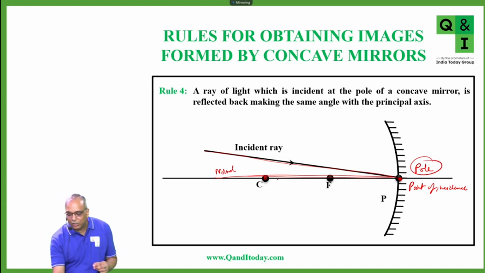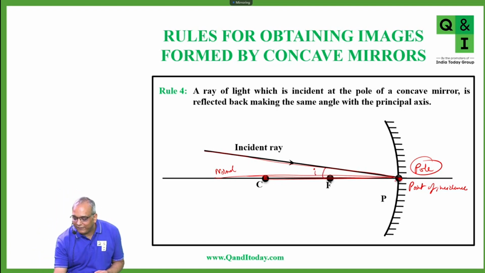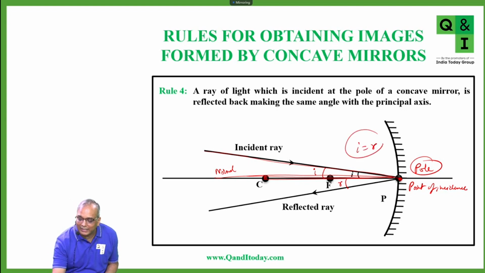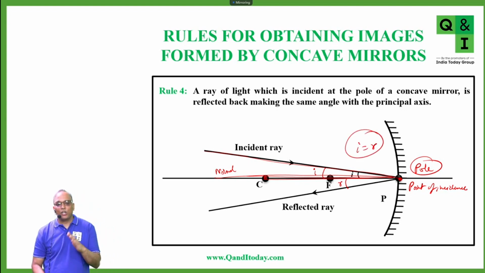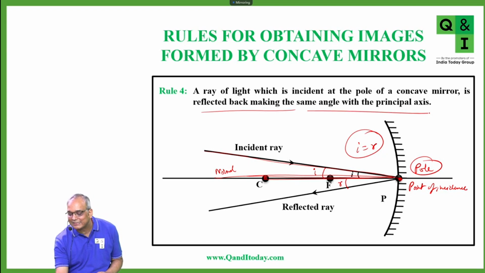So when the center of curvature joins this pole of the mirror, this angle is the angle of incidence, right? Now, the reflected ray will make this angle R, where angle I is equal to angle R by the law of reflection. And that's why it says that the reflected ray makes the same angle with the principal axis.